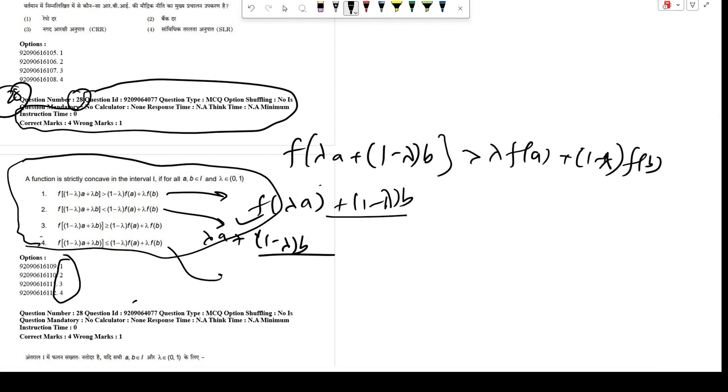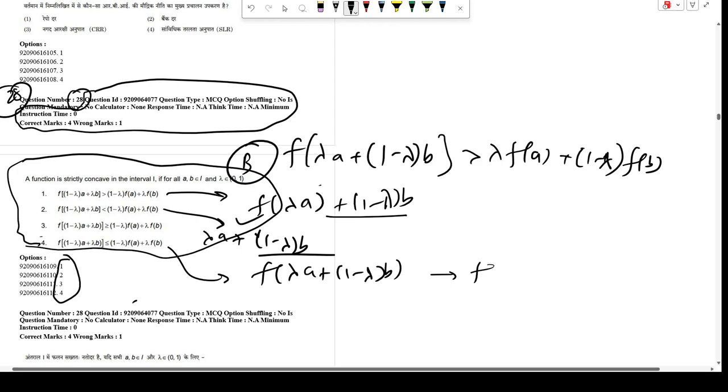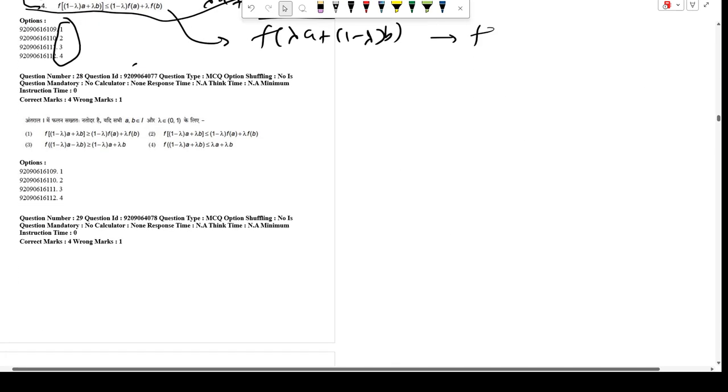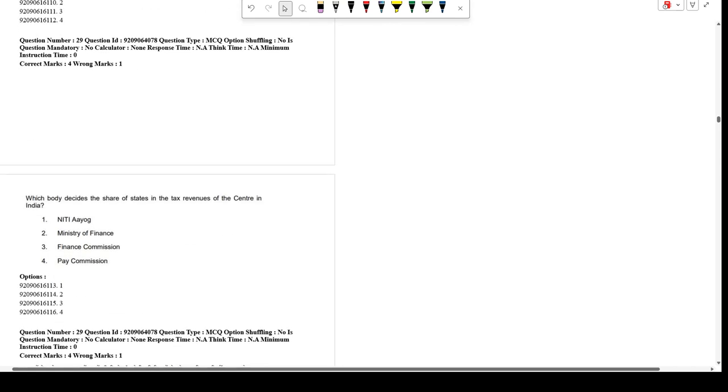And the last but not the least is also incorrect because it should be f of lambda a plus 1 minus lambda into b, but here it is f of 1 minus lambda. So directly we can go for option B, or 2, as the answer. So 28 is done.